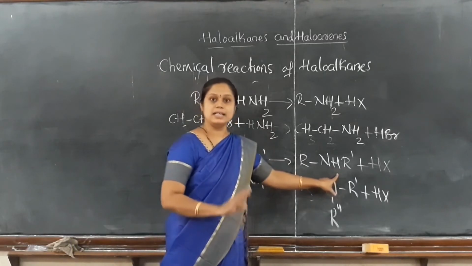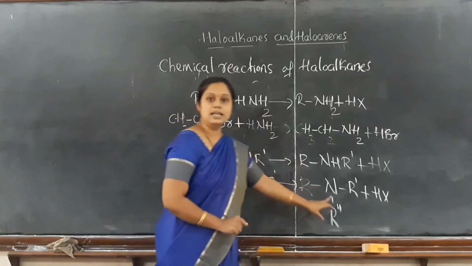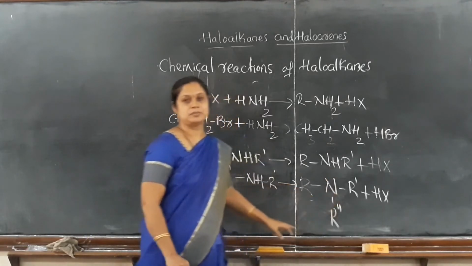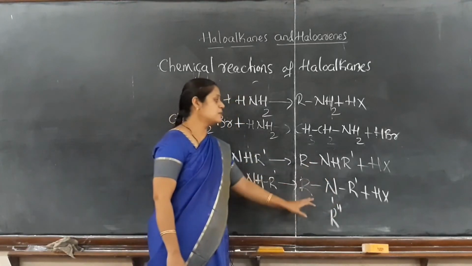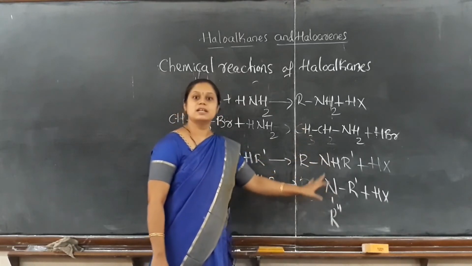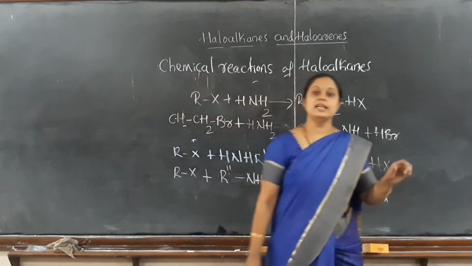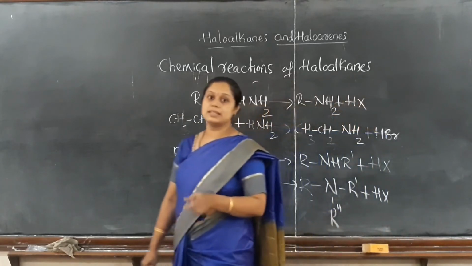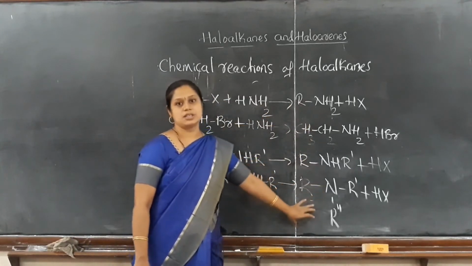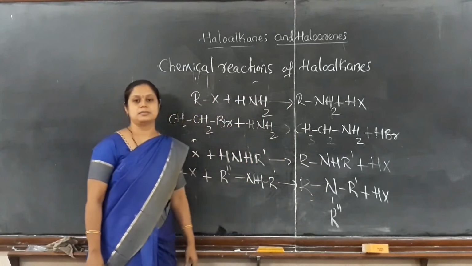If the alkyl halide is in excess, again it forms a tertiary amine. So when this is heated in a sealed tube at 373 Kelvin, a primary amine, a secondary amine and a tertiary amine are formed if the alkyl halide taken is in excess.